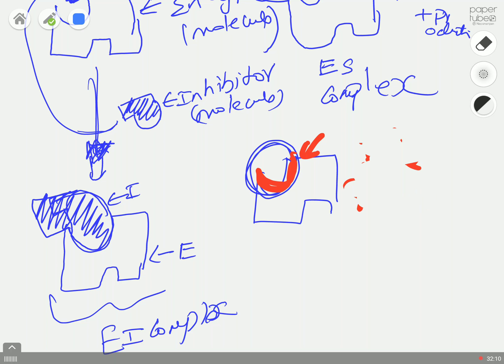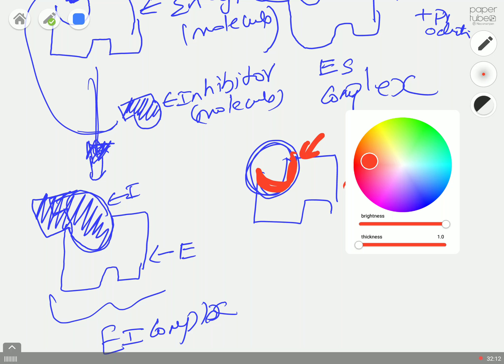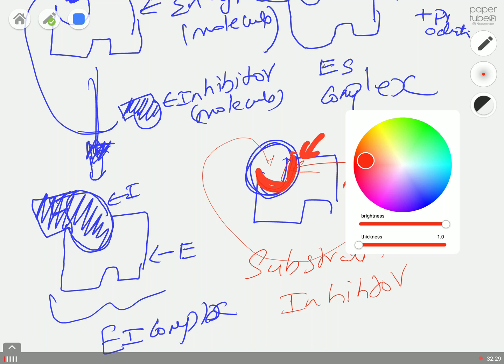Let me do it a bit clearer. So this part you can call the active space, or a site. So both your substrate and your inhibitor compete for this one particular site. So that's why we call this competitive inhibition.